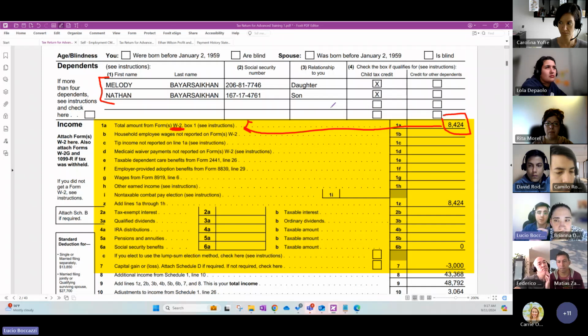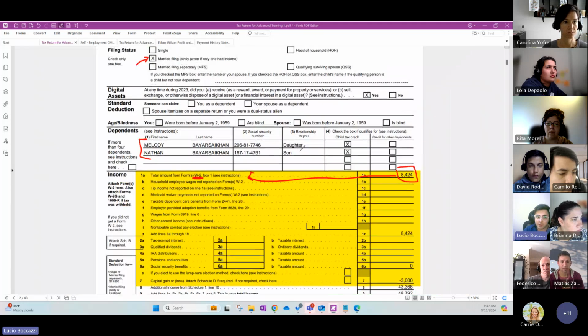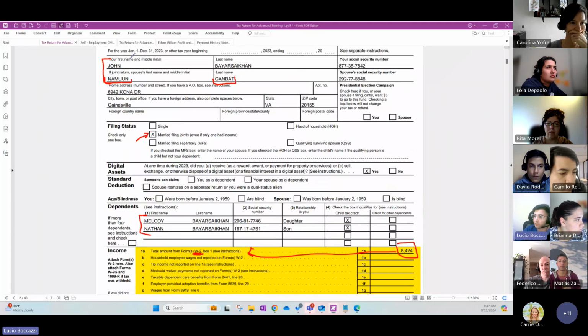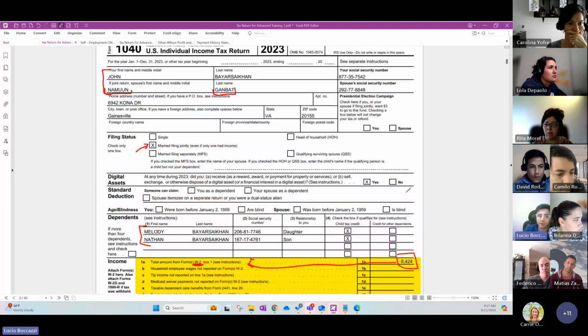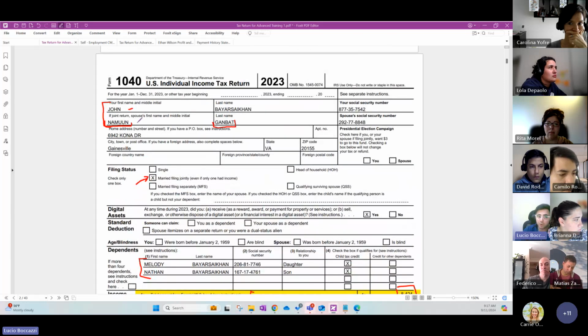Awesome. So, tracking back to what we were doing, we found out that there are actually wages present in the tax return. Just by looking at the 1040 form, since we have two of our applicants filing jointly, I can't be sure if these wages are actually from John or from Namun, because all their income will be together in the 1040 form and the Schedule 1.